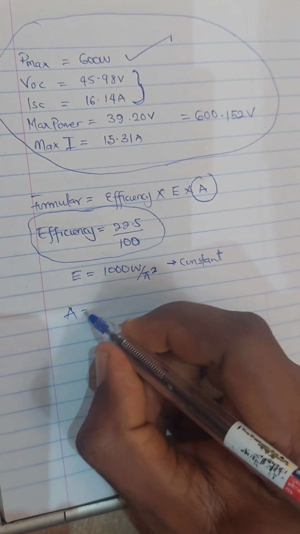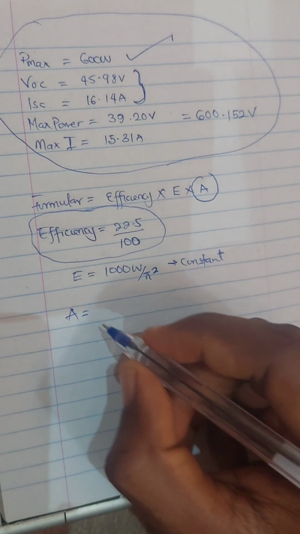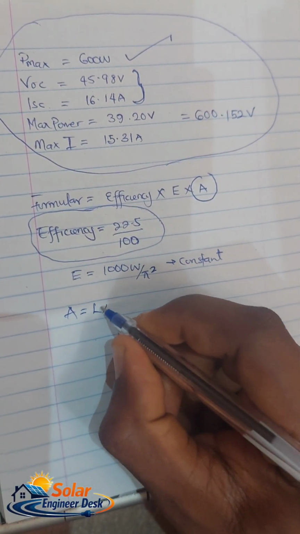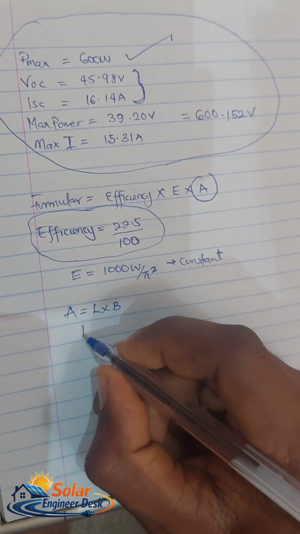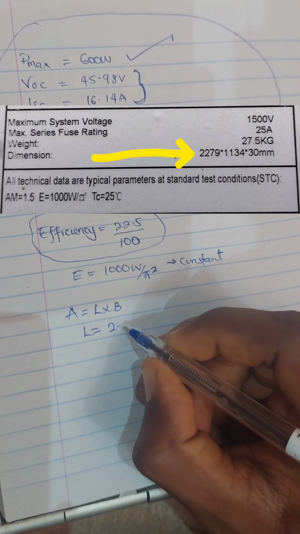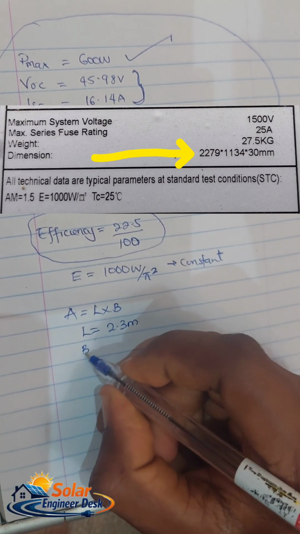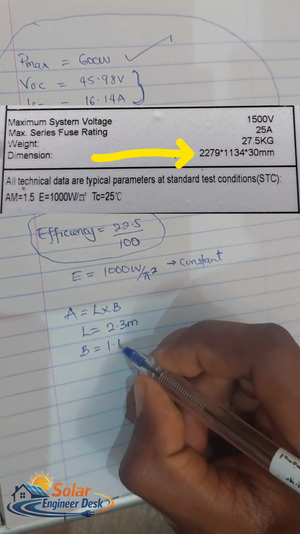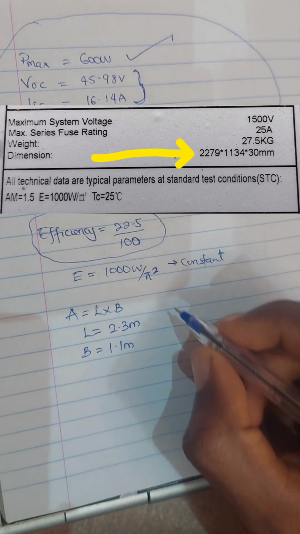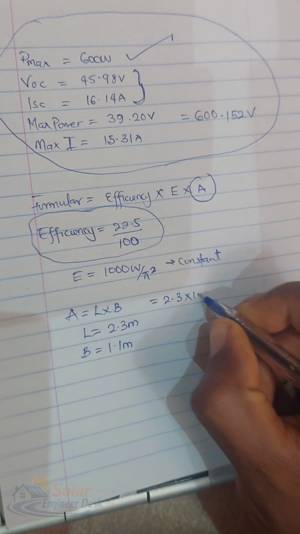So our area is, we measure the length of the panel. So let us assume the length of the panel equals 2.3 meters, and the breadth equals 1.1 meters. So our area now equals 2.3 times 1.1.